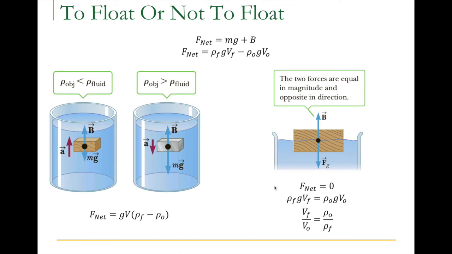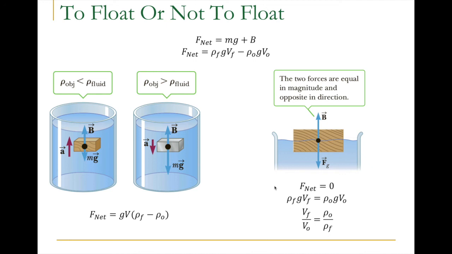But what about the case now when the object is actually floating in the water? Well, we know that if it's floating, that it's not accelerating up or down, which means that the net force on the object is equal to 0. If we apply our equation for force given density and volume, we know that rho gV of the fluid should be equal to rho gV of the object.